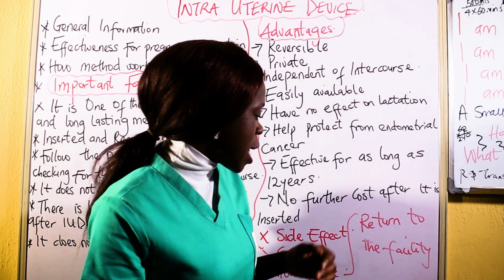Now that takes us to the next heading, which is what will make you return to the facility. If you have a question or concerns about the IUD, you can return to the facility. Within the first 20 days after insertion, if you have any of the following, kindly report to the hospital. The first is increased or severe pain in the lower abdomen.